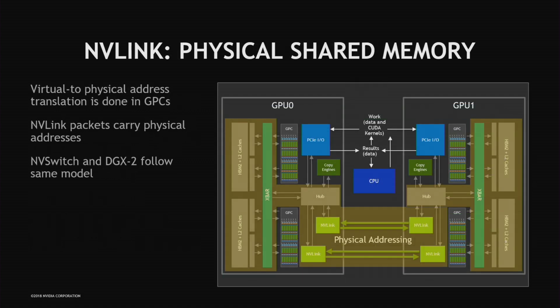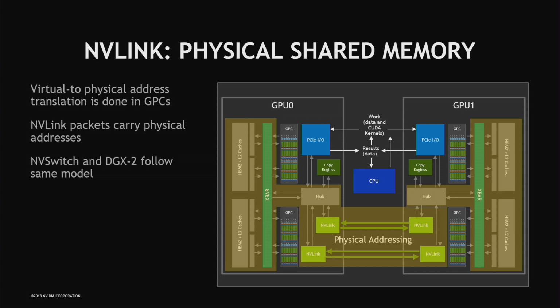With respect to that, as an example of that packet transform function, I thought I'd talk about the fact that we use physical memory addresses everywhere in the machine. If you look at the old diagram with two GPUs, the crossbars, the HBMs, they're all physically addressed, as you would expect.